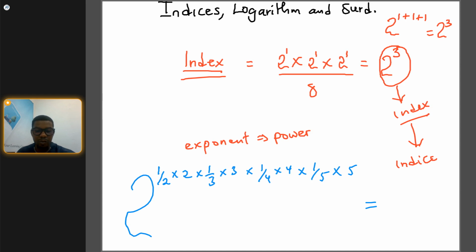A warm-up session for us. Quickly, I want someone to tell me what will be the final answer of this expression. What will be the final answer?